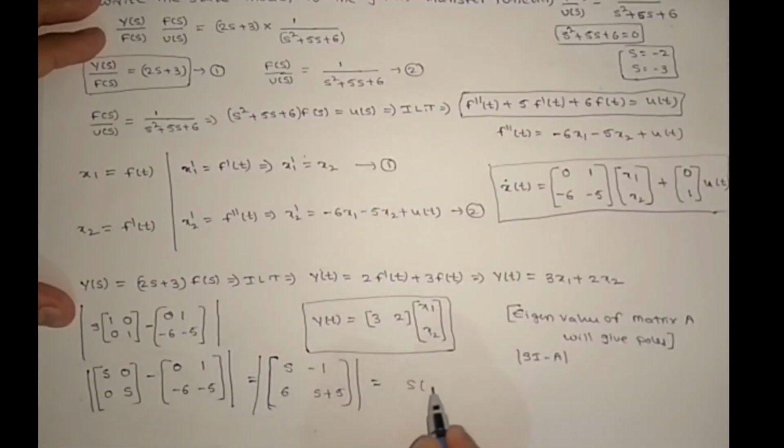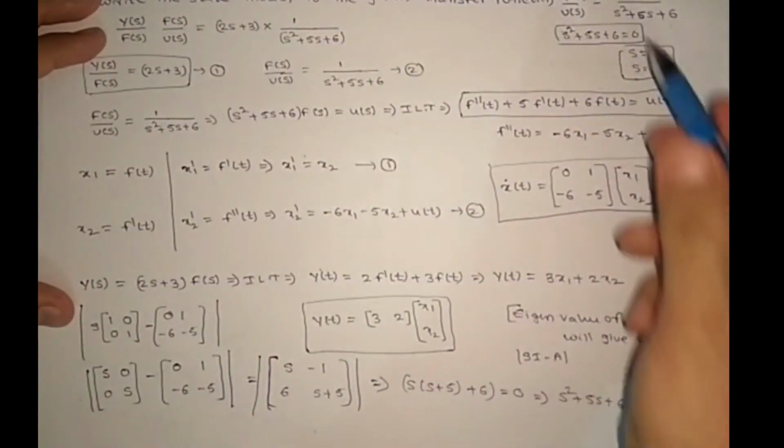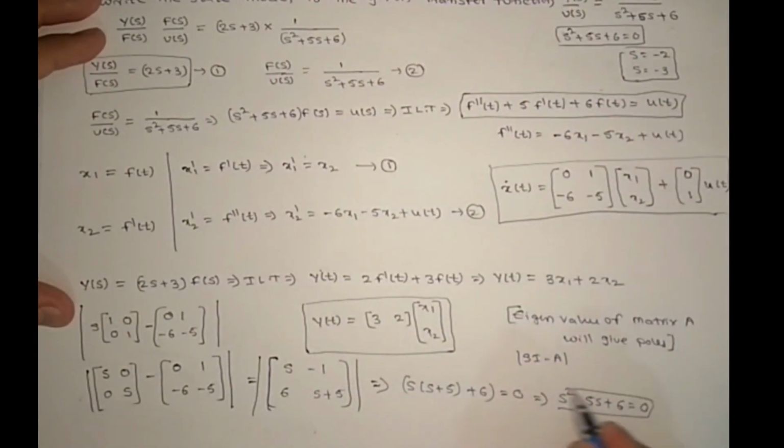So s into s plus 5 plus 6 equal to 0. So here s square plus 5s plus 6 equal to 0. We got the same equation, right? s equal to -2 and s equal to -3. So this will give the poles.